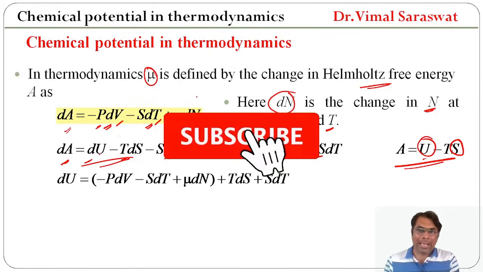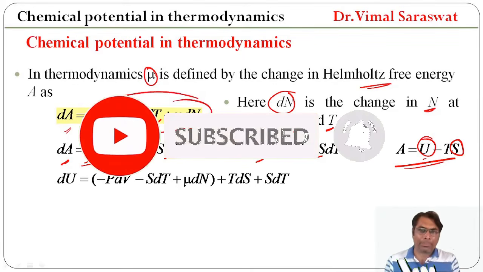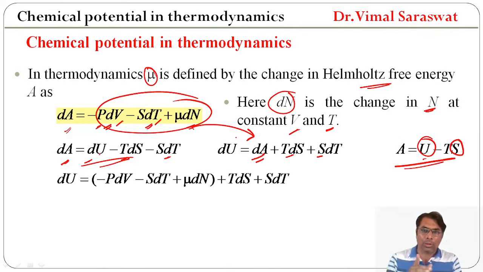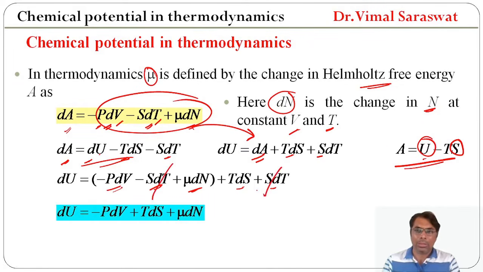Now dA is this one, so we replace this dA by this value. So dU equals minus P dV minus S dT plus mu dN plus TdS plus S dT. Now S dT and S dT will be cancelled out. So dU equals minus P dV plus TdS plus mu dN.